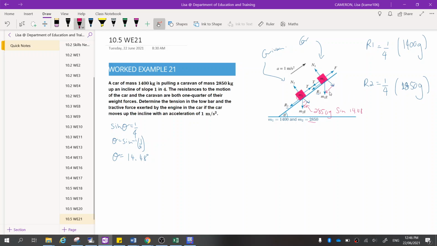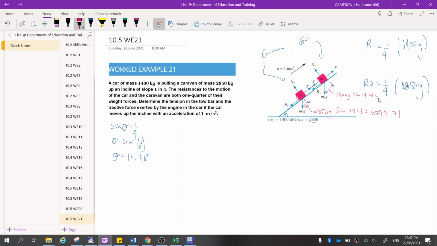Okay, and this one up here is going to be 1,400 G sine, again, same angle, 14.48. So when I whack them in the calculator, I'm going to get some answers. Okay, so this one here is equal to 6794.71.